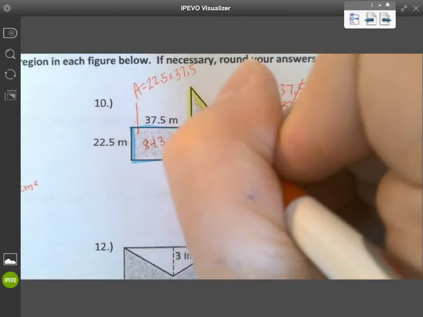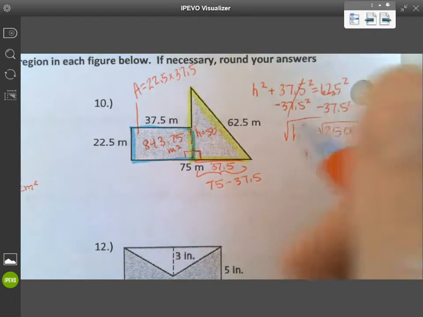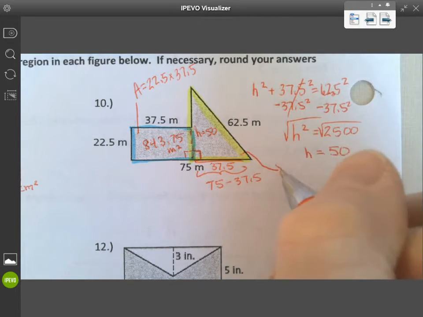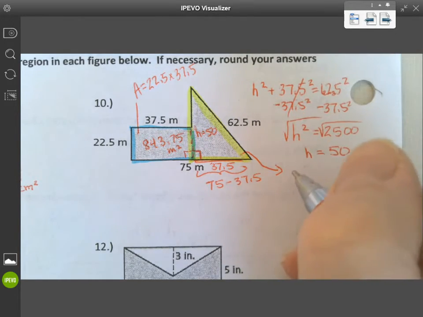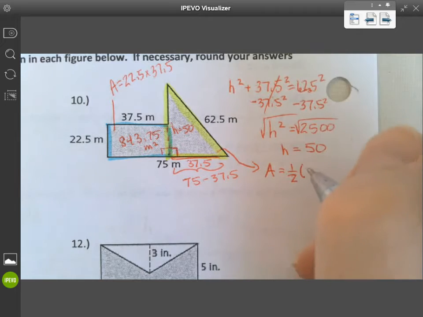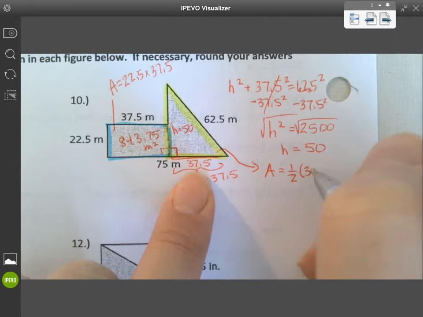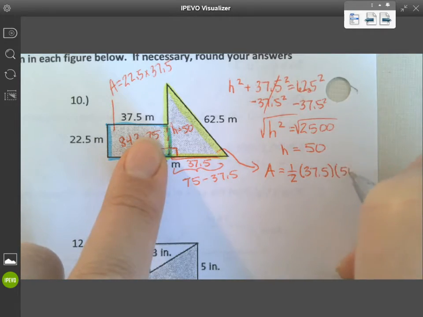Now, all of that work just gave me the height. I still need to find the area of my triangle. And that would be, area of a triangle is 1/2 the base, which is the 37.5. Notice I'm using the yellow, times the height, which is 50.